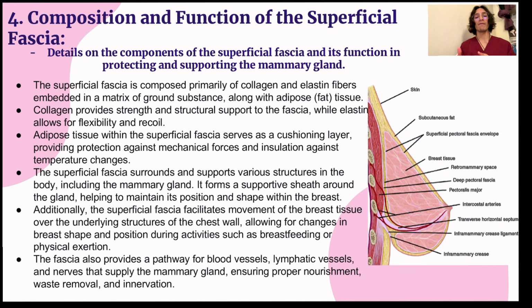Additionally, the superficial fascia facilitates movement of the breast tissue over the underlying structures of the chest wall, allowing for changes in breast shape and position during activities such as breastfeeding or physical exertion. The fascia also provides a pathway for blood vessels, lymphatic vessels, and nerves that supply the mammary gland, ensuring proper nourishment, waste removal, and innervation.